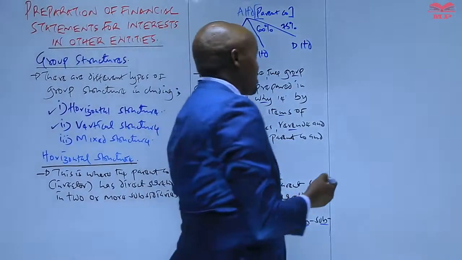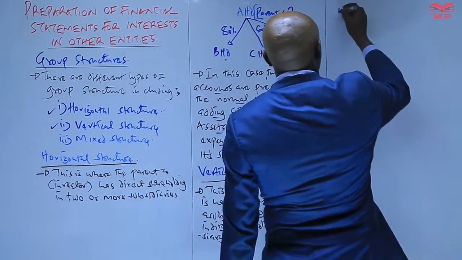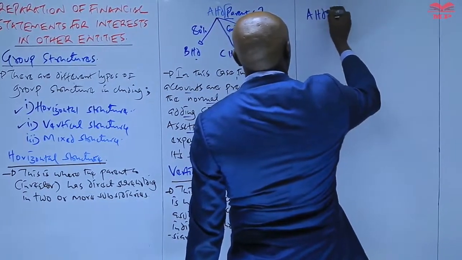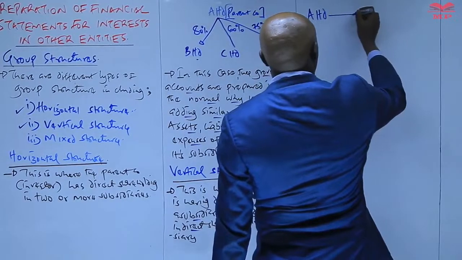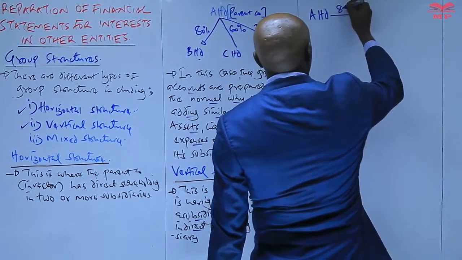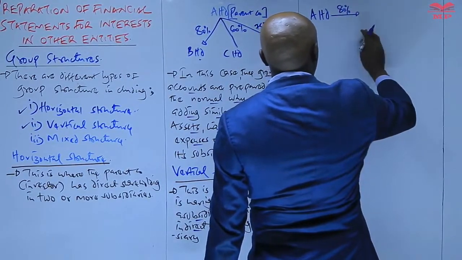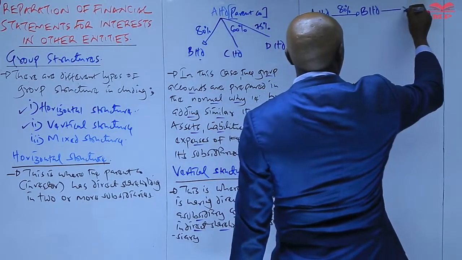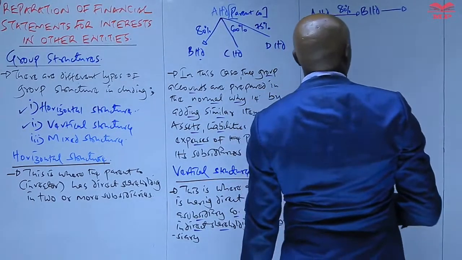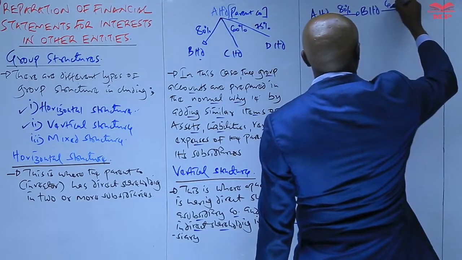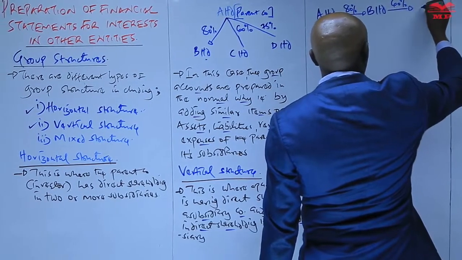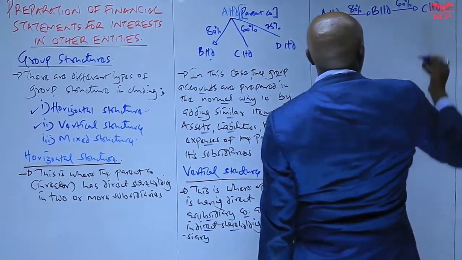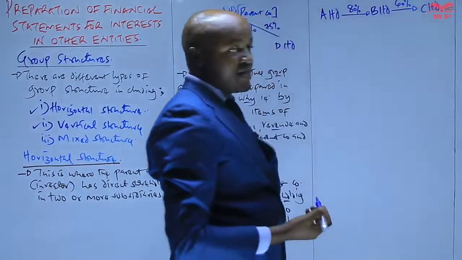So what do we mean by that? Let's assume that we have three companies, and A Limited here, we are told, for example, acquired 80% of the ordinary shares issued by B Limited, and then in turn, B Limited has acquired a 60% shareholding in another company, which is called C Limited.